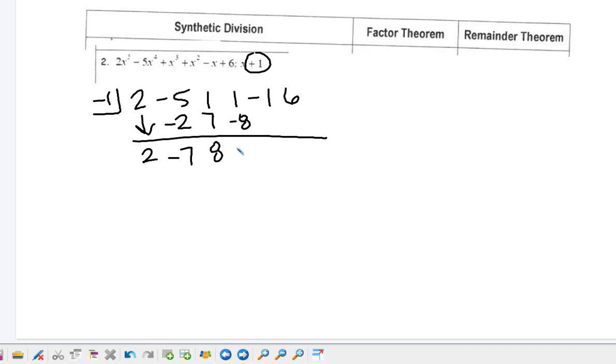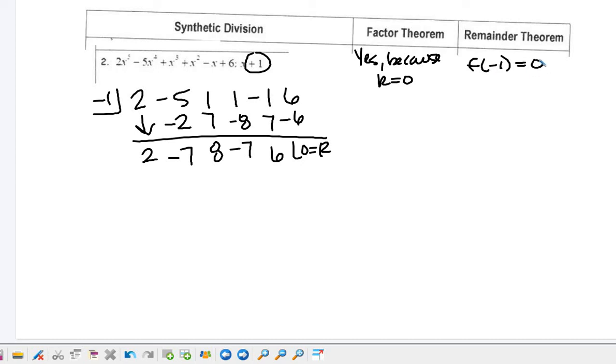Multiply, add. Multiply, add. Multiply, add. So factor theorem, yes. It is a factor because the remainder is equal to 0. If this was asking you remainder theorem, then we would say f of negative 1 is equal to 0.